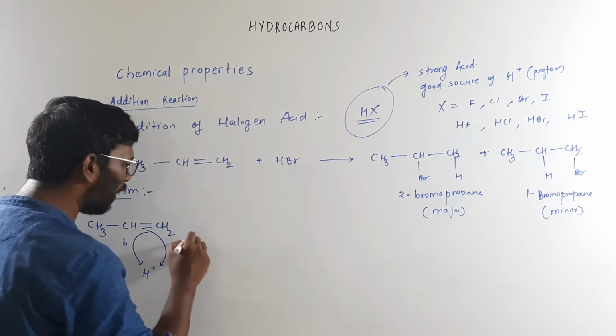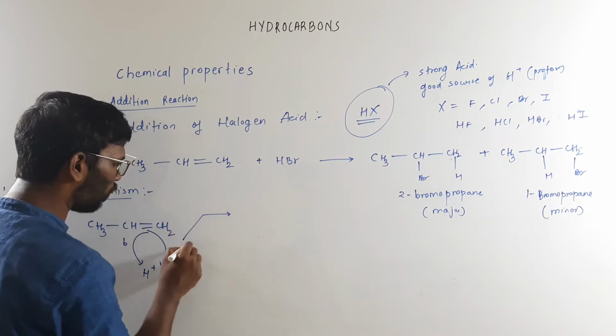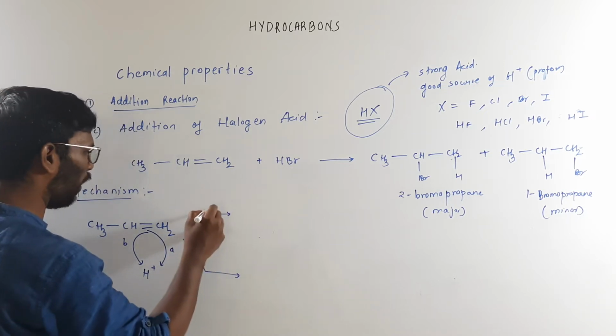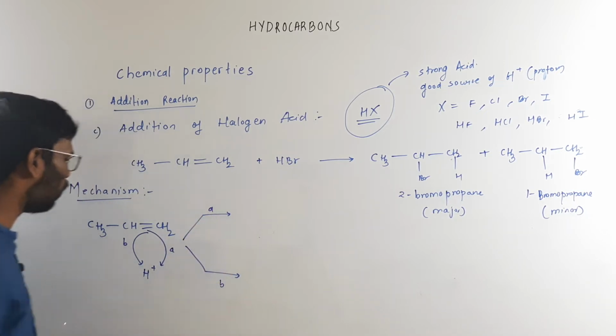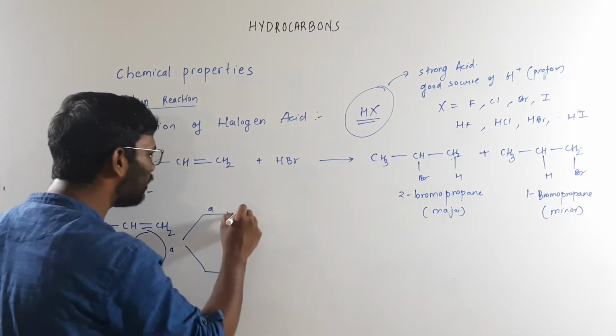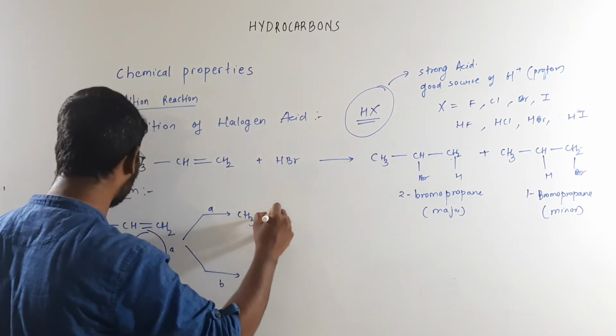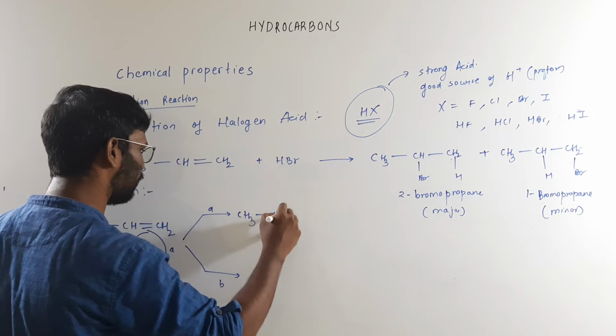So here I will write two pathways. One is A and the other one is B. Here is the compound CH3, then CH.